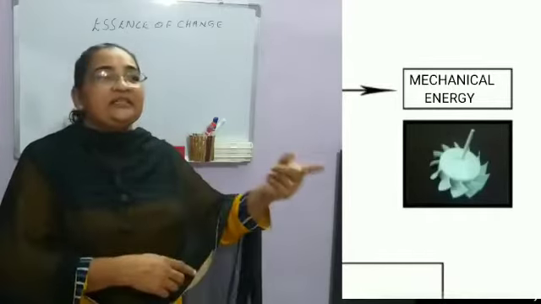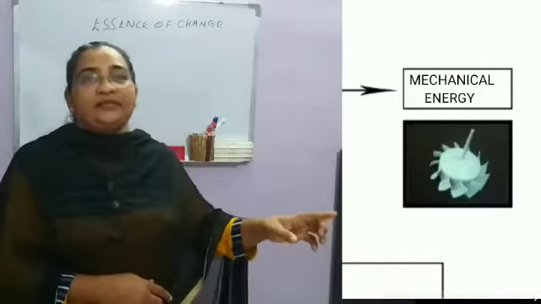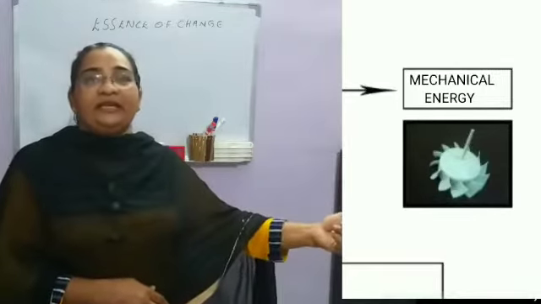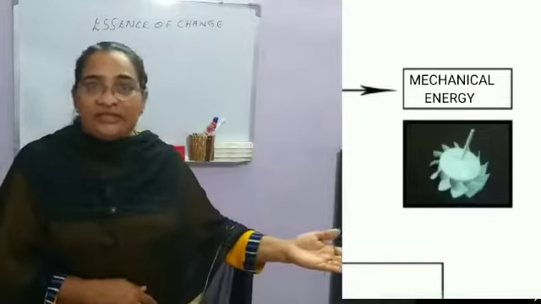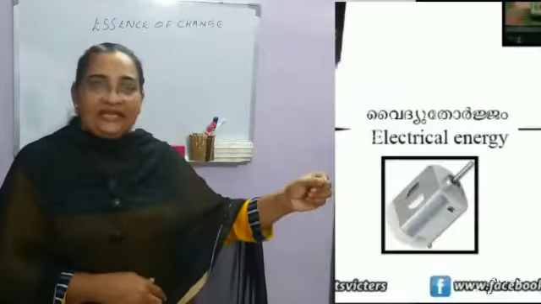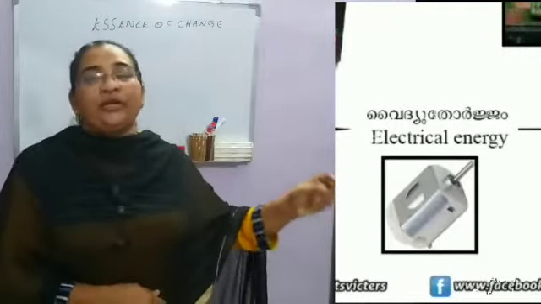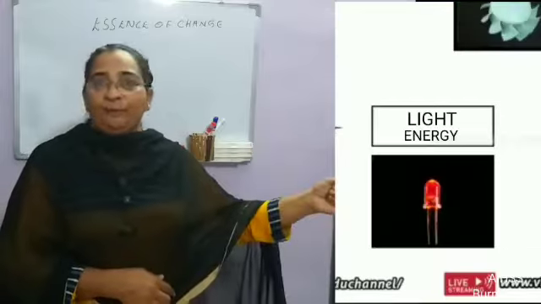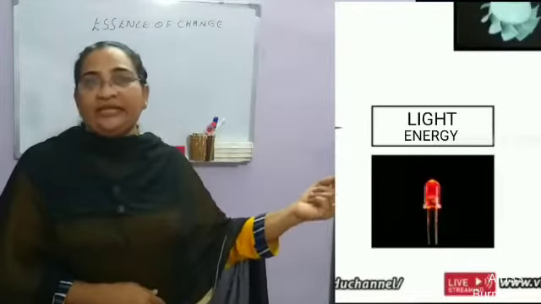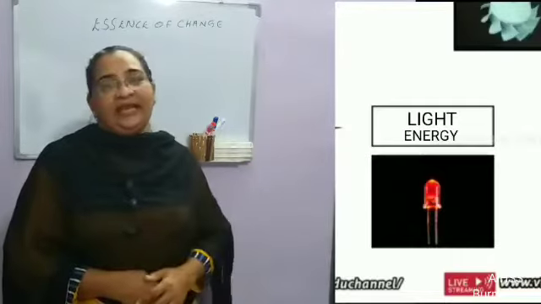And in turn, the turbine is connected to the motor inside. When the turbine turns, with the help of mechanical energy, the motor also turns inside. And when the motor turns, what happens? Electrical energy is again produced inside the motor and it helps the light to burn. When the LED light burns, what does it give out? It gives out light energy.